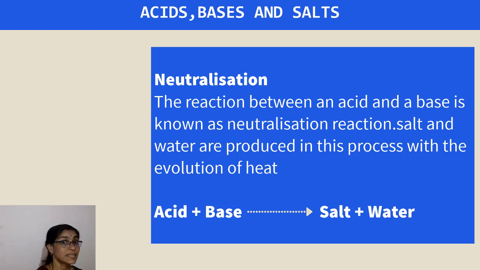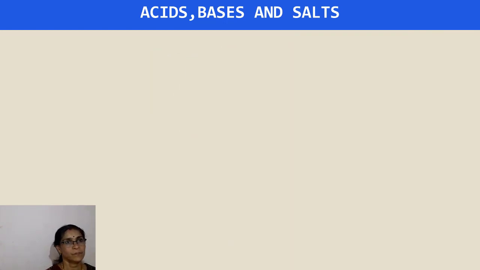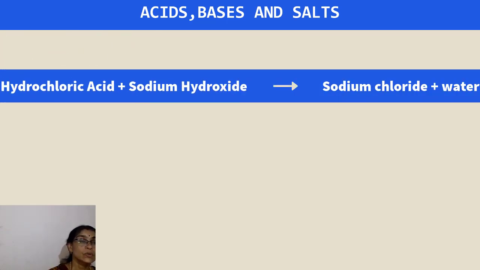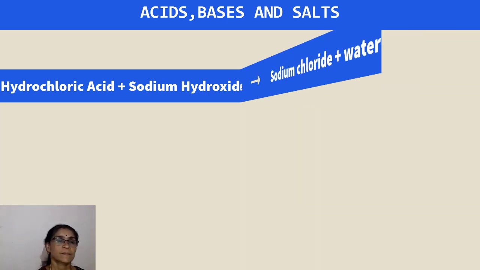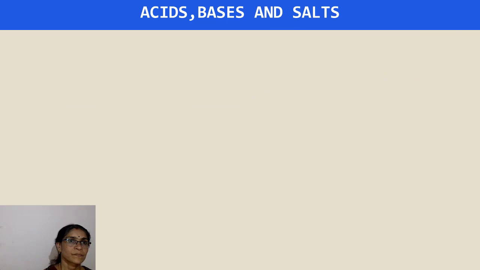Don't forget, heat is also evolved. When we mix hydrochloric acid with sodium hydroxide solution, a new salt is formed, sodium chloride plus water. HCl plus NaOH gives NaCl plus H2O. That is the equation, with the evolution of heat.